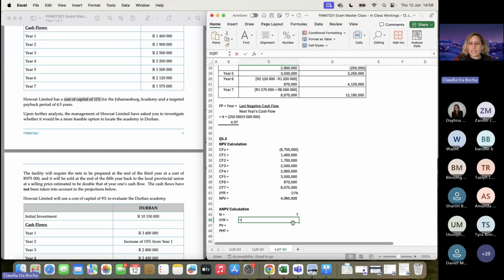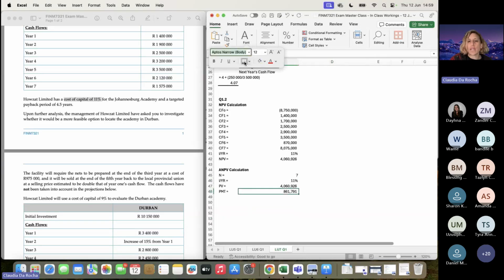My interest is the 11, so it's still the same, it hasn't changed. My present value is the NPV that I got. And then if I compute my PMT, that is my annualized net present value.